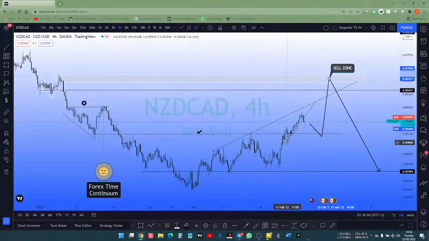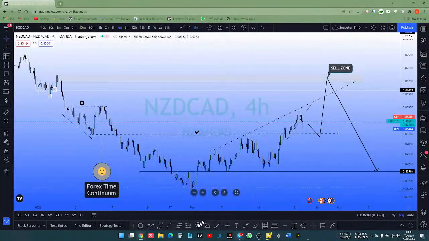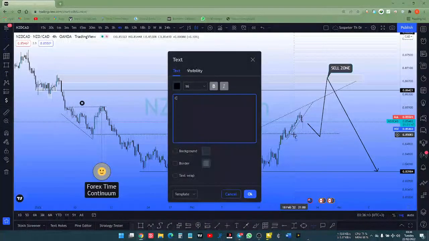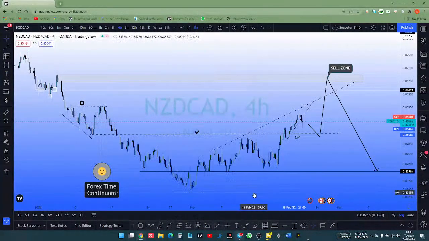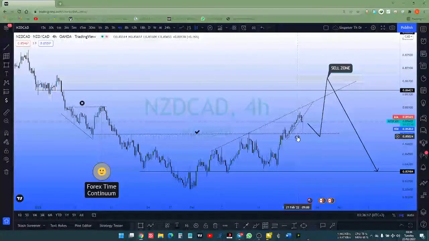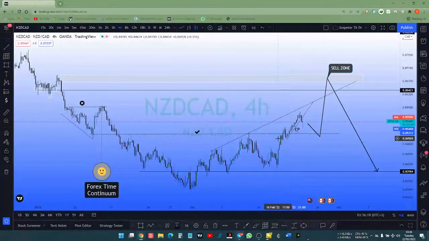And remember there is a compression here. So they can just come and grab this to this area. Remember, I'm not supporting to buy.